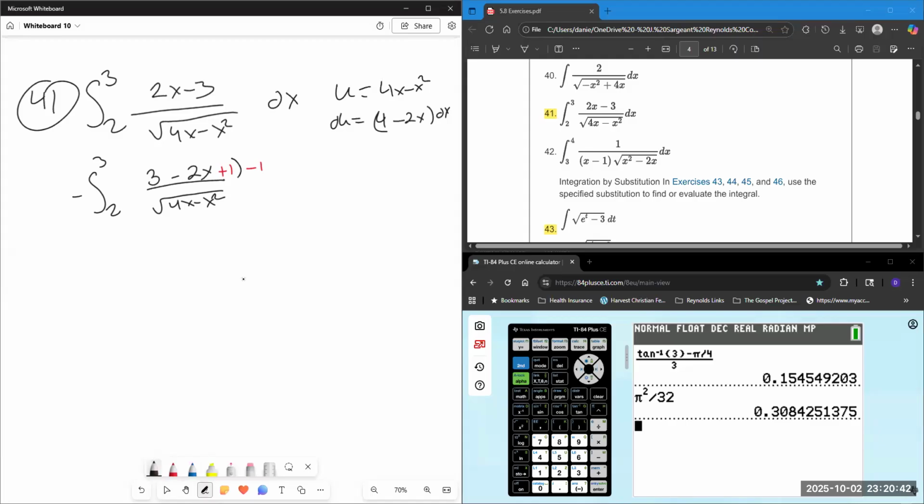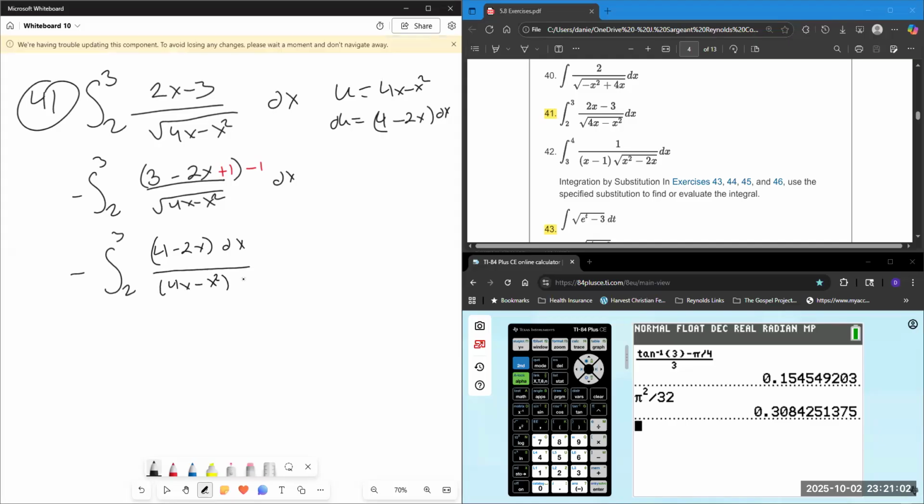So this is my 4 minus 2x, so integral 2 to 3 of 4 minus 2x dx over 4x minus x squared to the 1/2, and then minus a negative 1 is plus 1. It's an integral of dx over root 4x minus x squared, and that's also from 2 to 3.